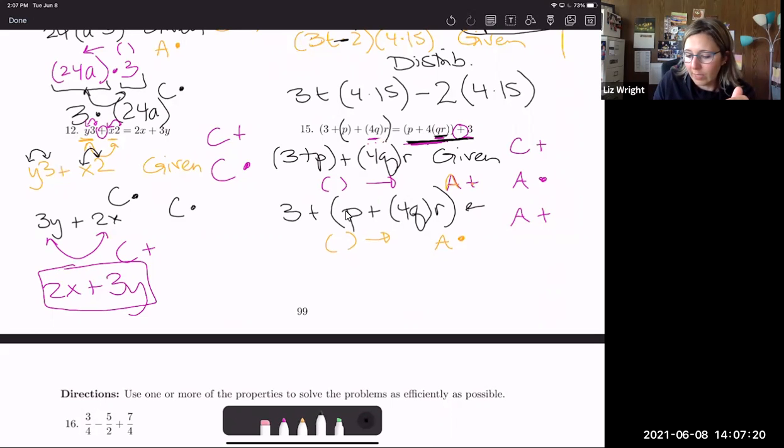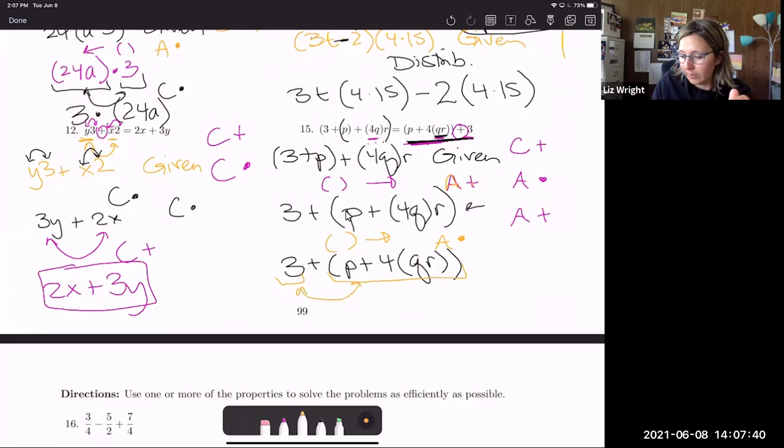All right, so let me write it with the new parentheses moved around. So we've got P plus 4 and then the Q and the R together. All right, so my last thing, I am going to take 3 and this entire mess of a quantity, and they're going to trade places. And that, my friends, is going to be the commutative of addition property.